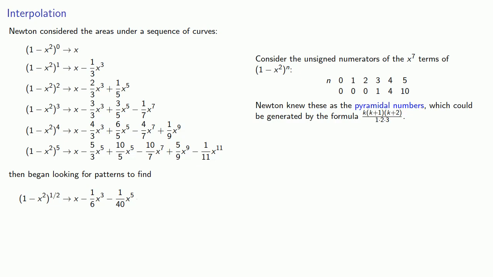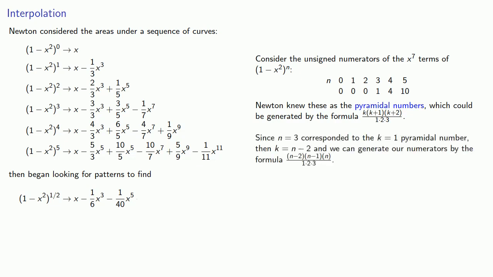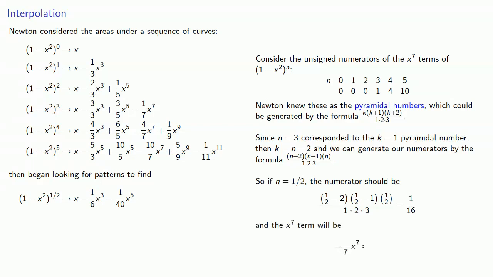And again, since n equals 3 corresponds to the k equals 1 pyramidal number, then k is equal to n minus 2, and we can generate our numerators by the formula n minus 2 times n minus 1 times n over 1 times 2 times 3. And so if n equals 1/2, our numerator should be... and we see that our x to the 7th terms are negative and denominator 7 with numerator 1/16.